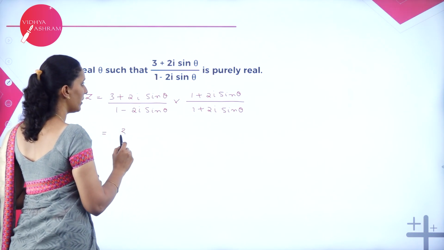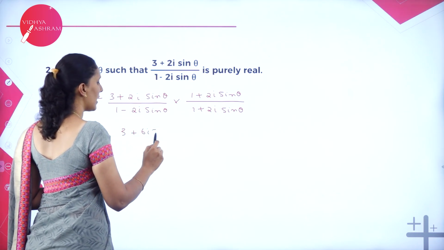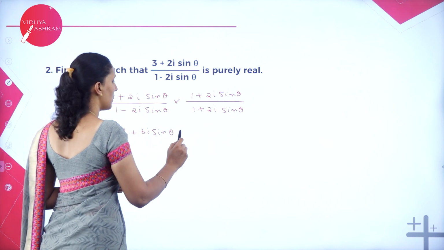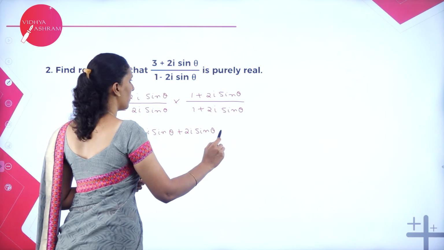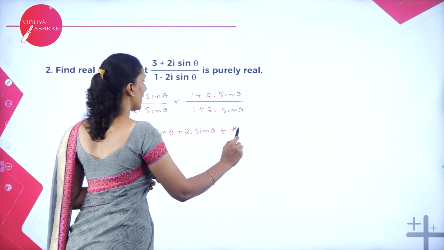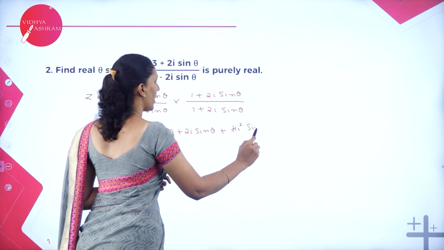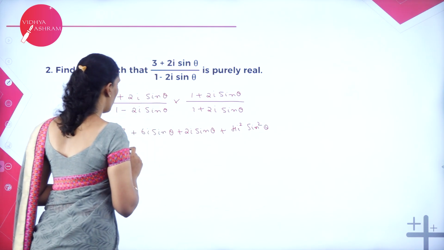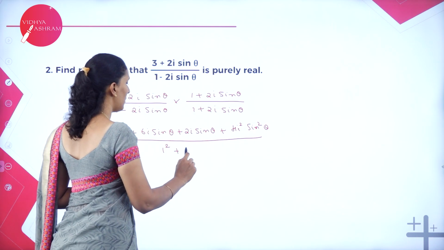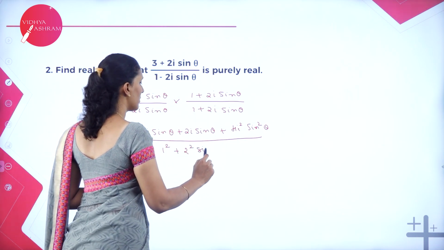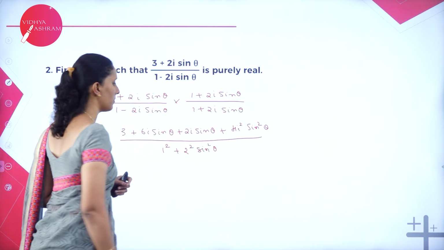So we'll get 3 plus 6i sin theta plus 2i sin theta plus 4i square sin square theta whole divided by, so here it is 1 square plus 2 square sin square theta.